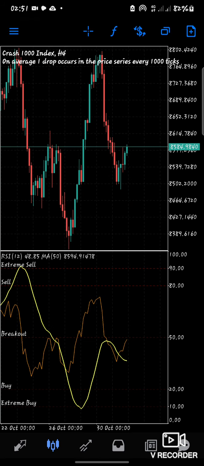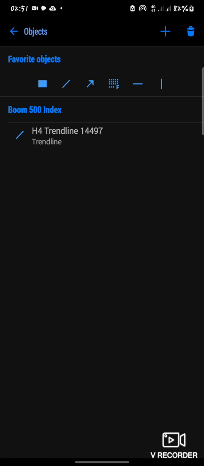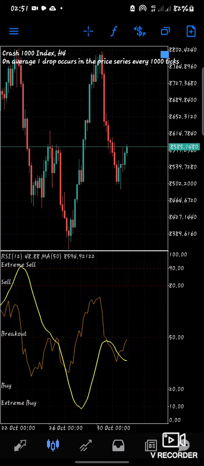So guys, to draw the trend lines, all you have to do is tap the screen, if you're making use of an Android phone. We tap the screen here, then we click on the tools or objects. Then we click on this rectangular object.